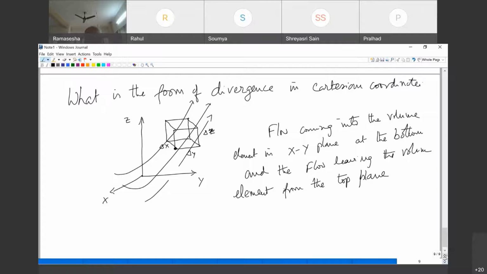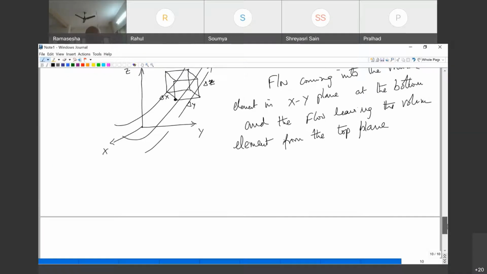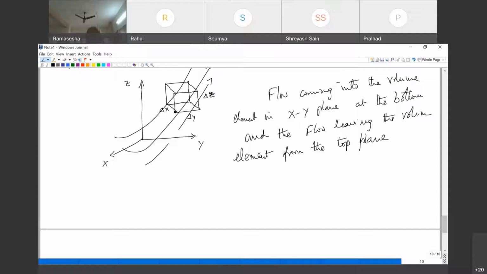Do you understand what I'm saying? So I am trying to find out how much is entering through the bottom and how much is going out through the top. For that, I will take representative points at the bottom and top planes. These are the points that I've taken.